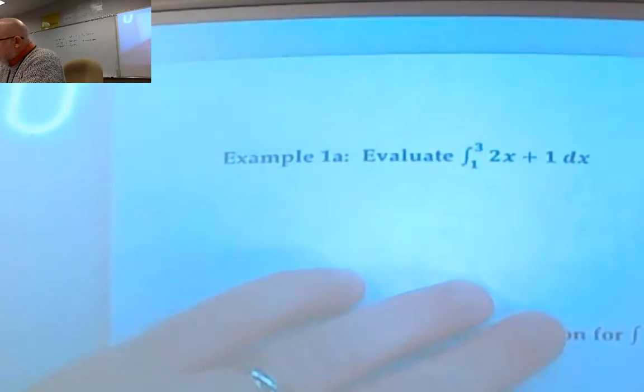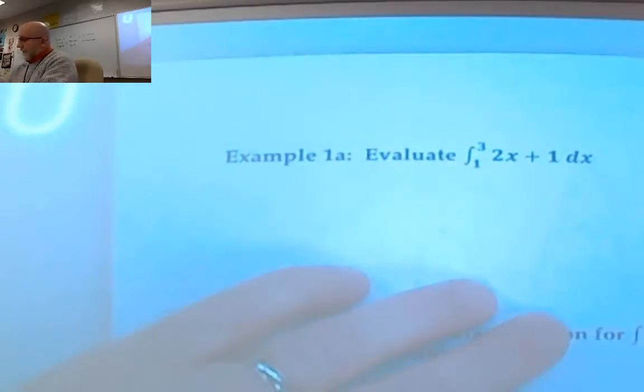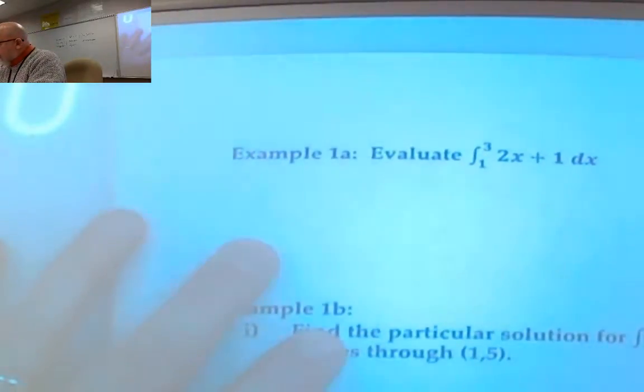So here's 1, 1, 2, 3. Here's 3. 2, 3. And if I put 3 in there, I get 7. Correct? Is that right? 3, 4, 5, 6, 7. And it's a line. Would you agree with that? Okay. So I could do this, couldn't I?